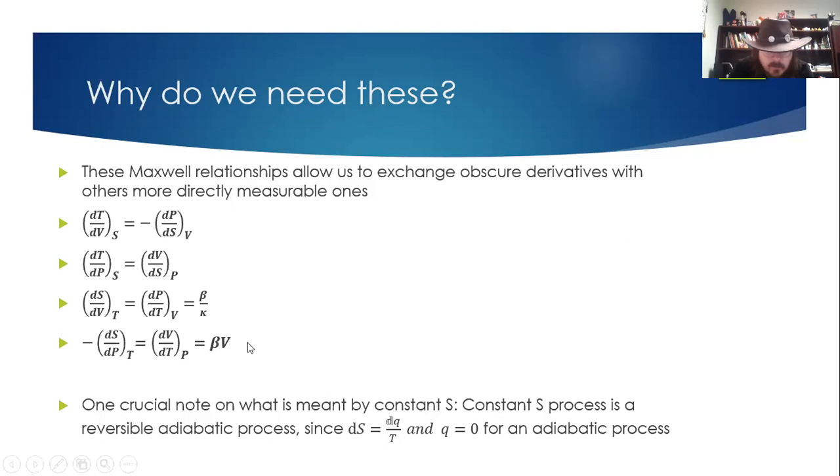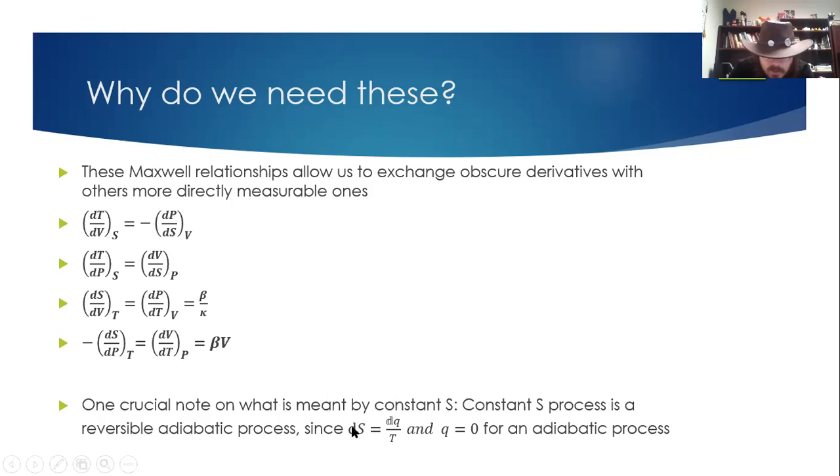Now, a crucial note on what it means to be at a constant entropy. When we have a constant entropy, where the S is down here, the process is a reversible adiabatic process, because the change in entropy is equal to changing heat over temperature.